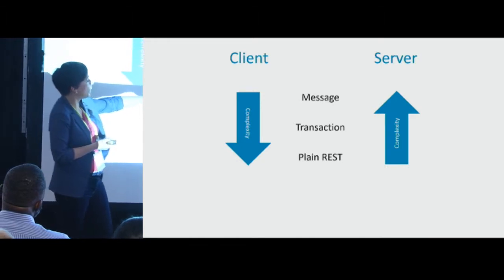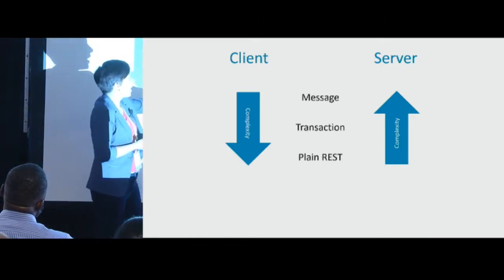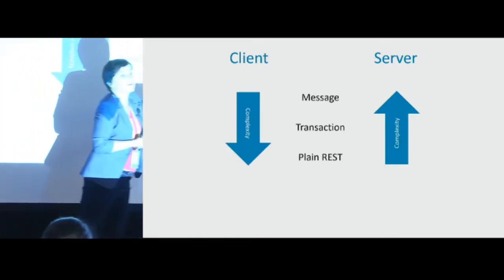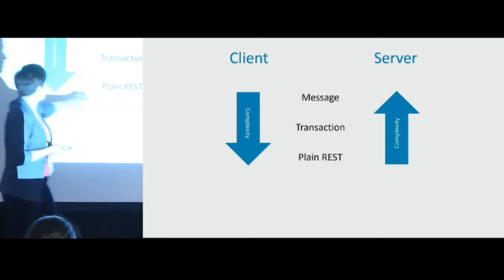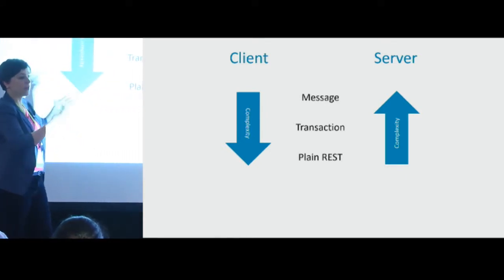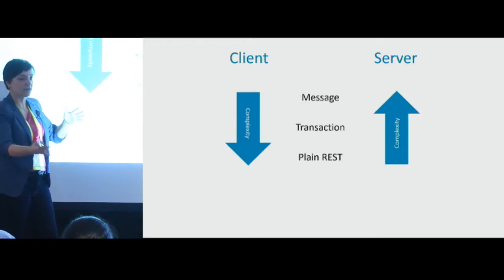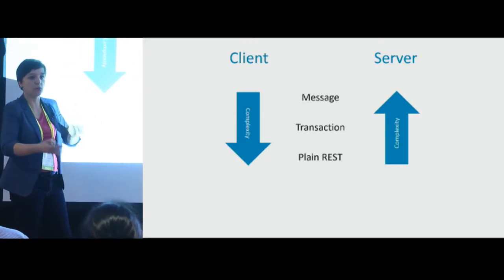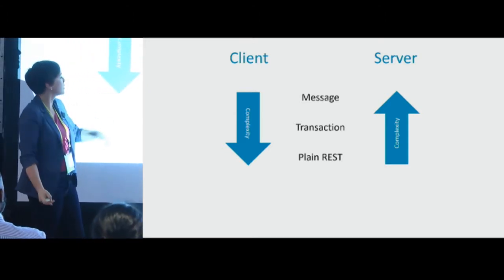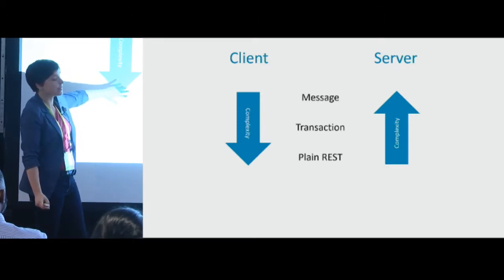So if we do a plain REST interaction, we have basically no complexity on the server side at all, because the client is handling all the orchestration, like what steps does it have to take, how does it have to react depending on the number of results. It's all happening on the client side.